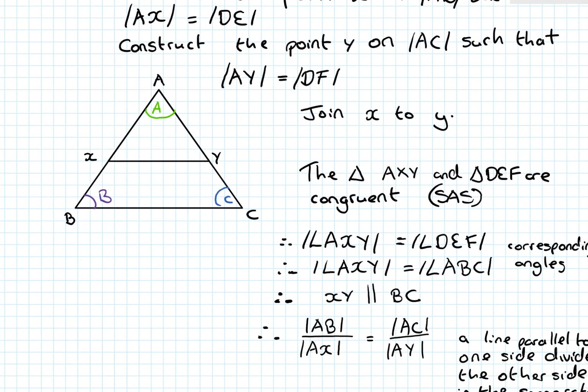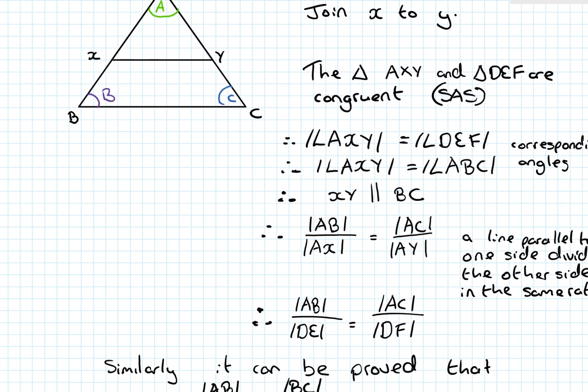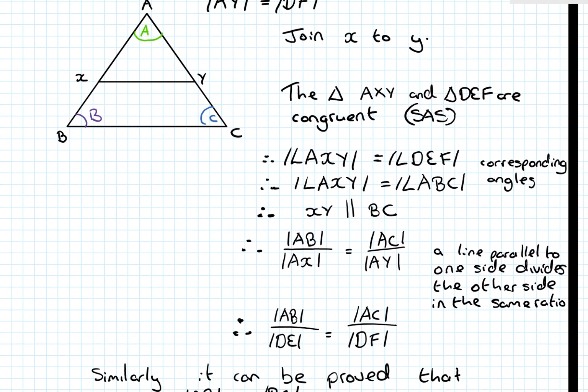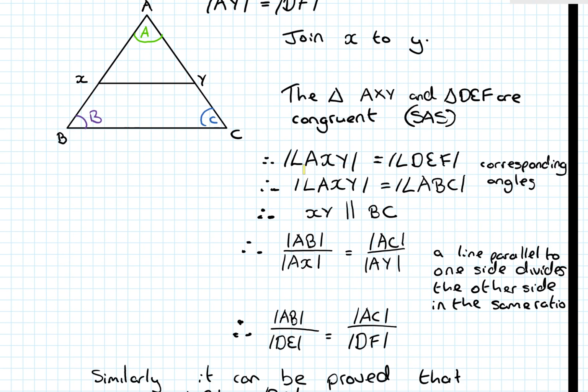We know then that the angle AXY, this angle here, is equal to the angle DEF, which was on the previous triangle, as it was corresponding to it. We know that this angle here, AXY, is equal to ABC here, so it's equal to here, as corresponding angles.